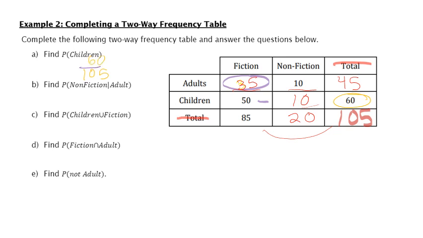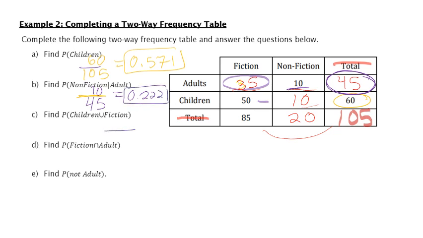So 60 over 105 is going to give us 0.571. And then the next one is probability that they chose nonfiction given that they're an adult. So of our adults, 45 would be our denominator. And then 10 chose nonfiction, so 10 over 45, which is 0.222.